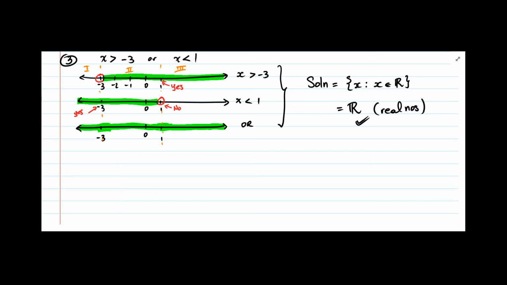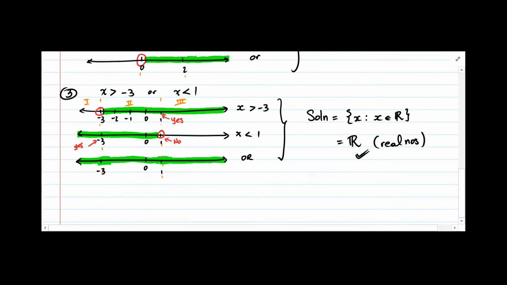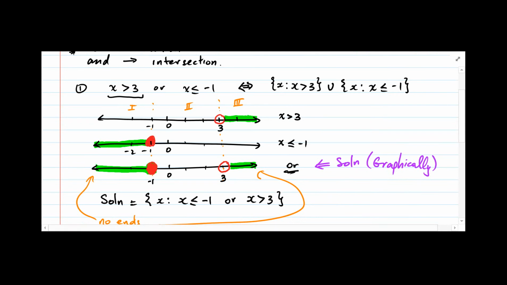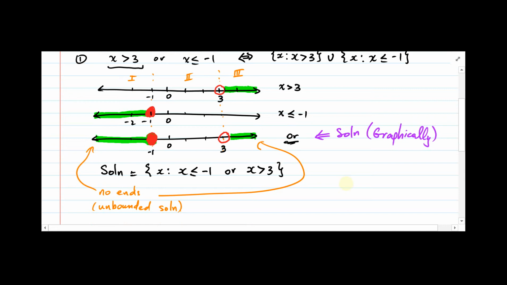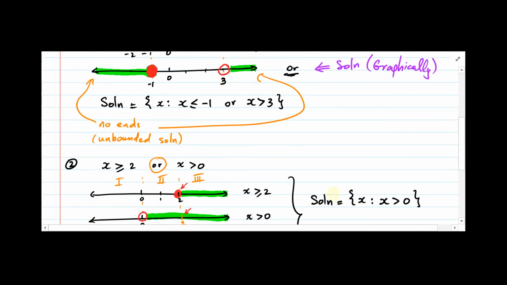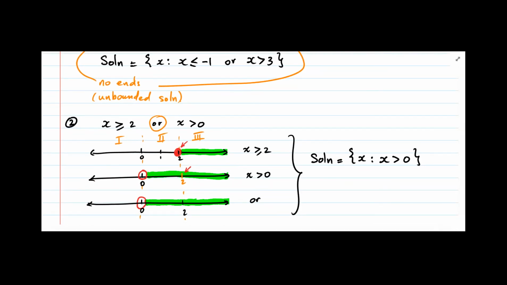All it is, is reminding yourself what it means when we say we're taking a union. So here are 3 different examples that I've given you, and depending on the numbers chosen, we have seen where we could have 2 distinct parts of your number line being shaded, or 1 part.